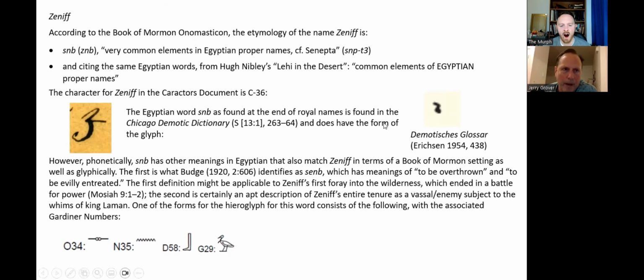This one, the Zenith Onomasticon, has elements of an Egyptian proper name, like a designation of a proper name, and that word SMB, which they say, here's the character for it in the Characters document.